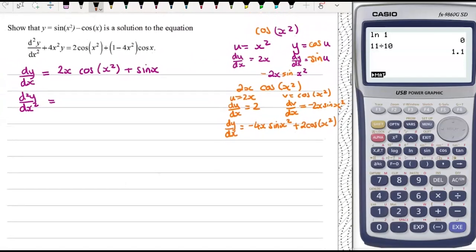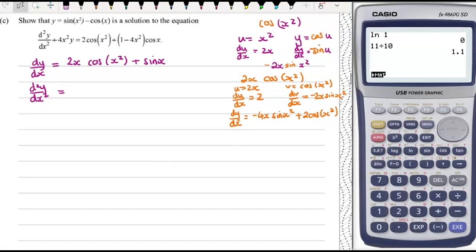Okay, let's pop that back into what we were doing over on the left. So we've got minus 4x sine of x squared plus 2 cos of x squared, and then the sine x turns into a plus cos x.